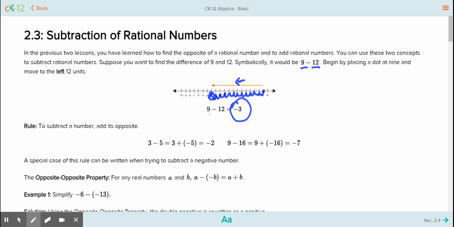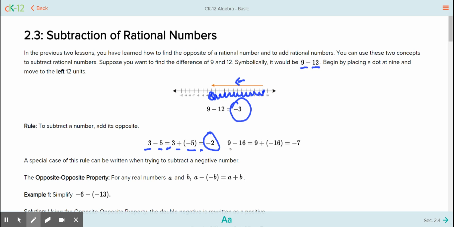To subtract a number, add its opposite. So when we have 3 minus 5, it's the same thing as 3 plus a -5, and that equals -2.